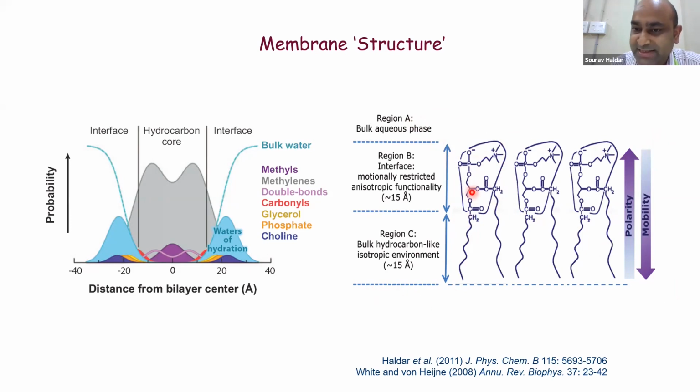So from this structure we can see there are three distinct regions. Region A, which is nothing but the bulk aqueous phase. The aqueous phase is identified here because the water is strongly associated with the lipid head group.